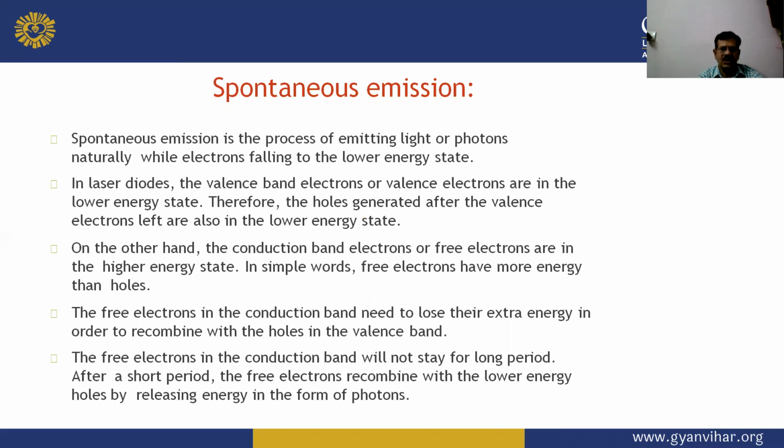The free electrons in the conduction band need to lose their extra energy in order to recombine with the holes in the valence band. The free electrons in the conduction band will not stay for a long period. After a short period, the free electron recombines with the lower energy holes by releasing energy in the form of photons.